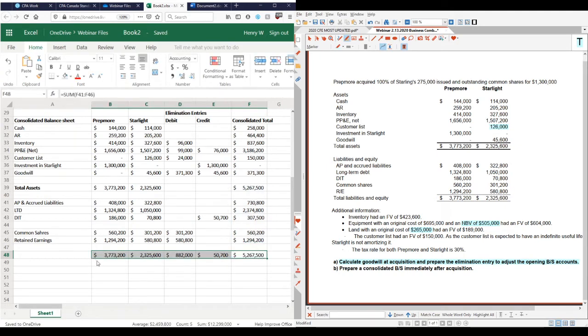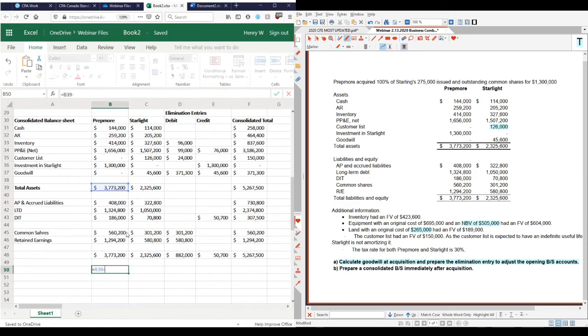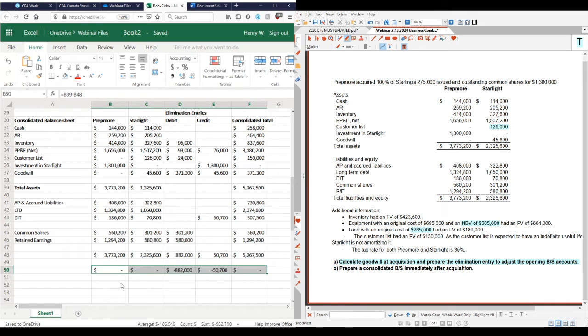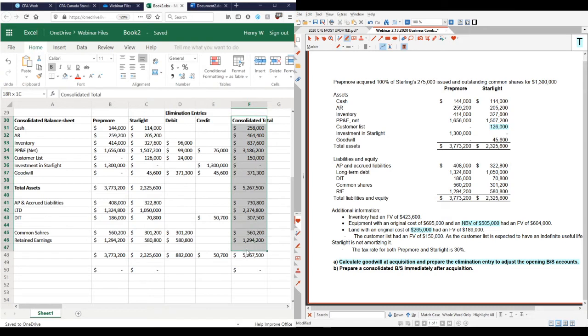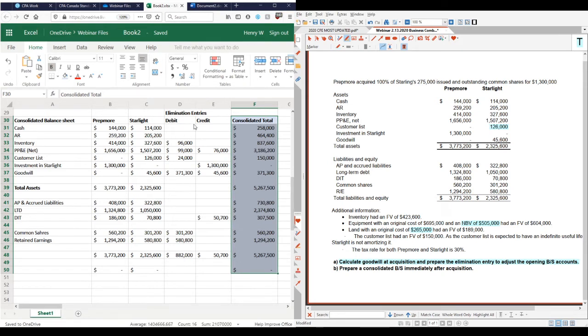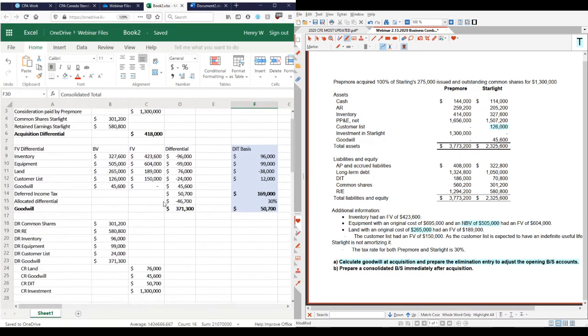Okay, so you can see everything's balanced, which is good. As accountants, we want to have everything balanced. Okay, so let me actually ignore this part. So here is the now revised consolidated totals after working through the necessary adjustments and elimination entries. So this is probably the level of difficulty you can expect to deal with in an assessment opportunity, and this takes a bit of time.